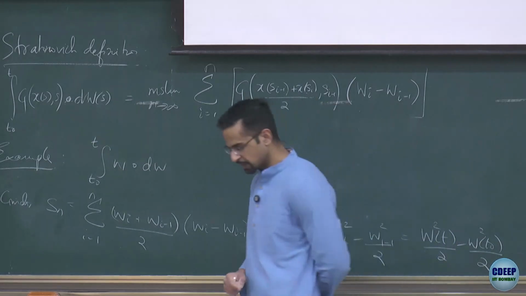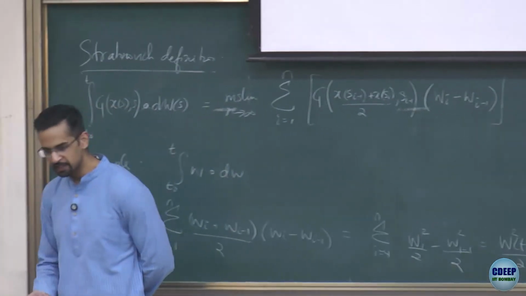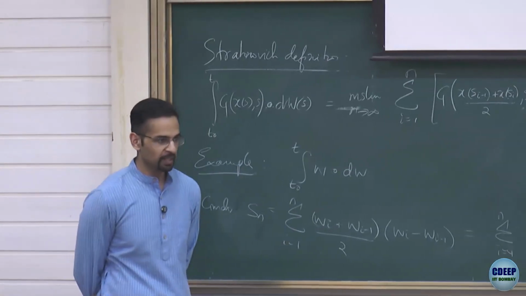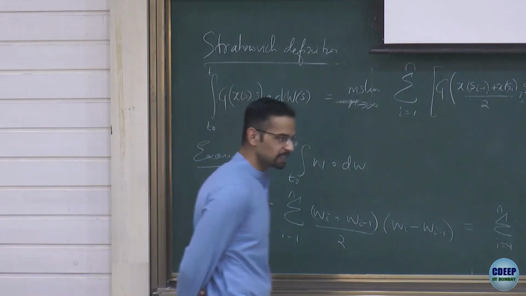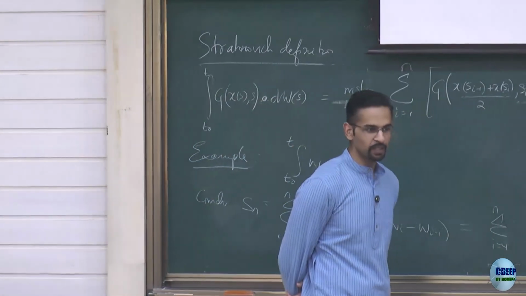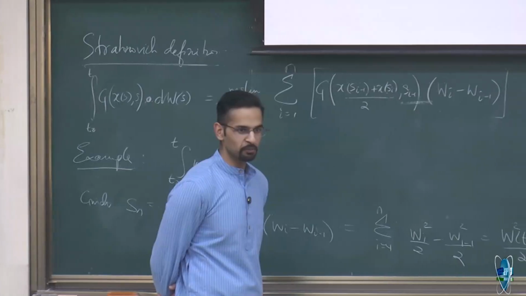Okay, so it may seem surprising why this factor of 2 should give you the same answer in general as usual calculus. We will see, again, I will not be able to prove it in some rigorous way, but we will see various motivations. Okay.